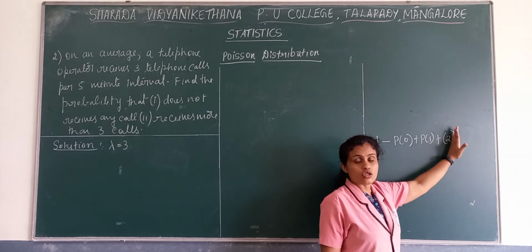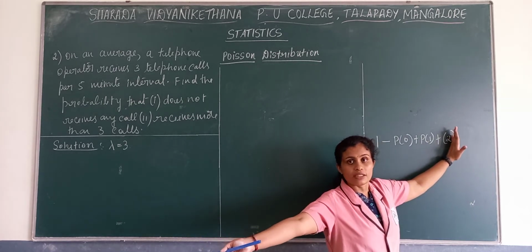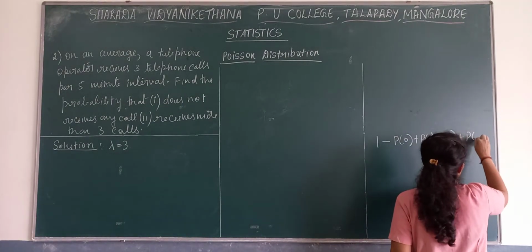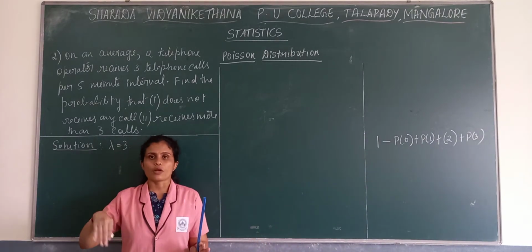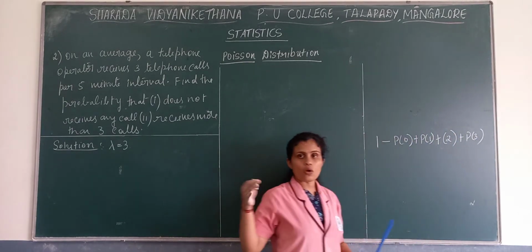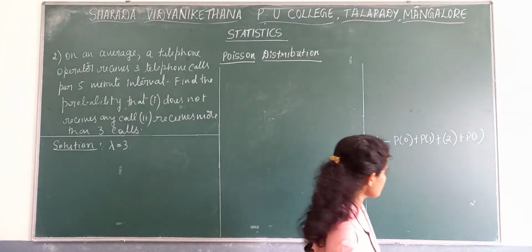So there what will remain? Receiving 3 calls or more. Here they have given more than 3, so 3 also we need to include in what we deduct from the total. From the total, if these possibilities we deduct, then more than 3 will remain.